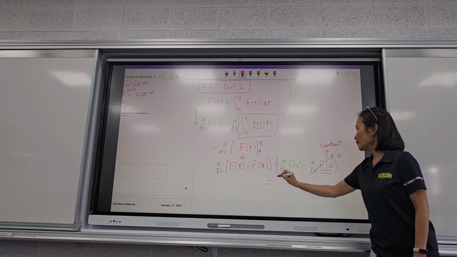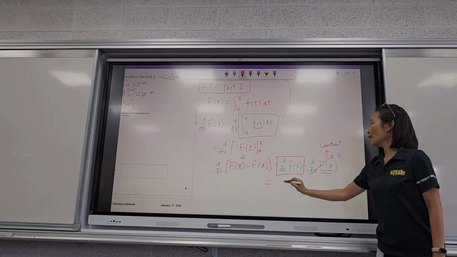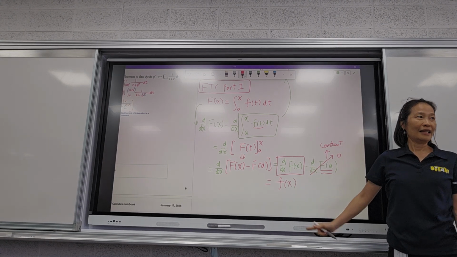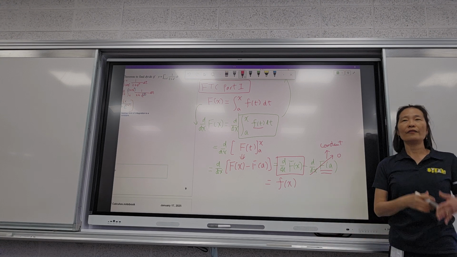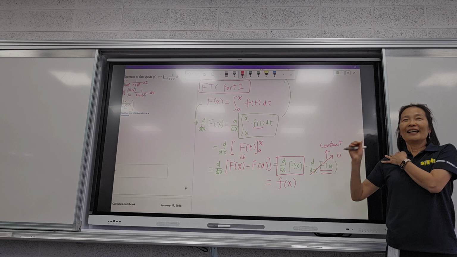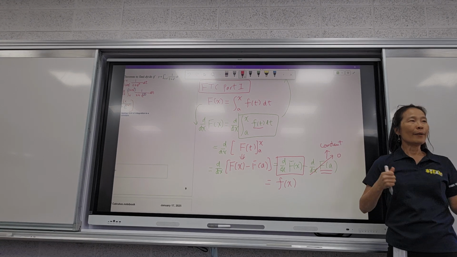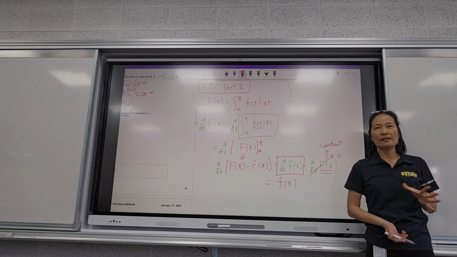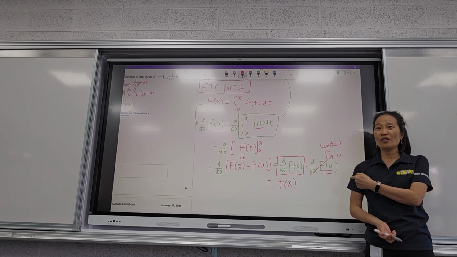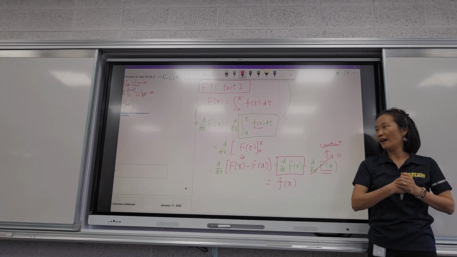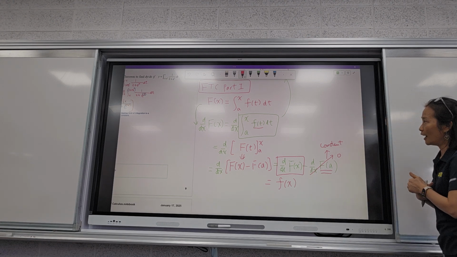What's left is the derivative of capital F of x, which is the function itself, f of x. So this becomes our fundamental theorem of calculus, part 1. Seems obvious, but remember, before the 16th century, mathematicians didn't know this connection between the derivative and the integral. It was discovered later on.